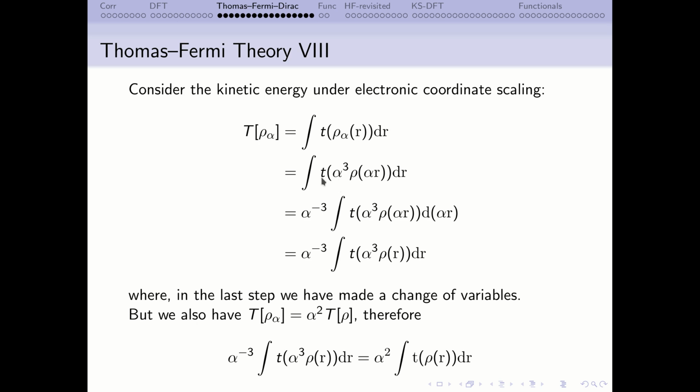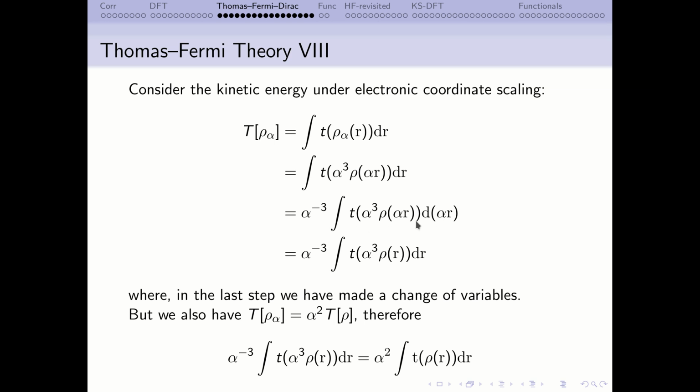So now we have the integral of t of alpha cubed rho of alpha r, dr. Okay, now let's multiply and divide by alpha cubed. So we have alpha to the minus 3, and we bring the alpha cubed in the numerator into this dr. Remember, r is three-dimensional, so we need three alphas here to scale r.